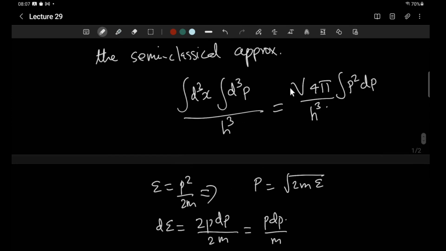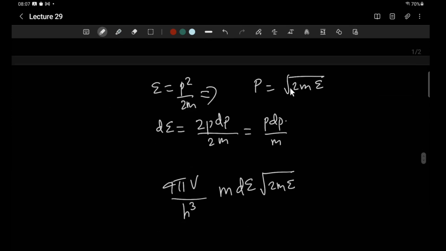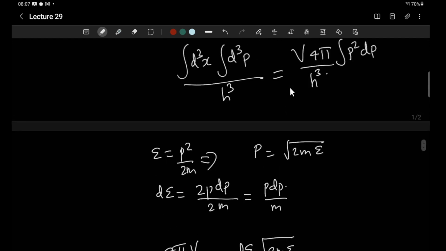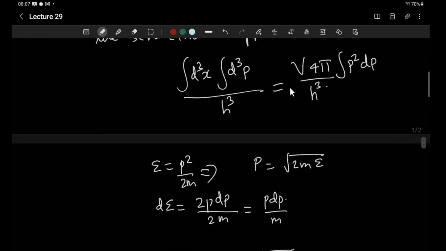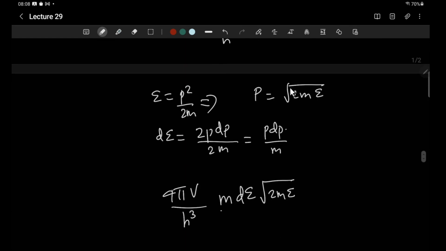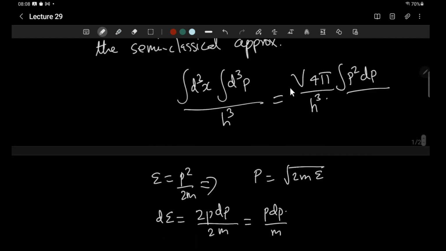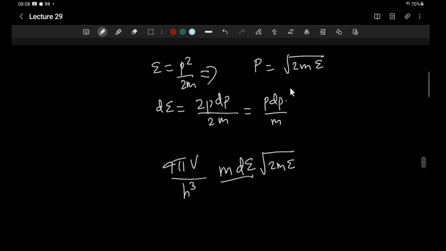What is divided by? m d epsilon divided by under root 2m epsilon, right? Why should I? I'm substituting here, right? p dp is m d epsilon. And p is divided by p. Where am I dividing by p?